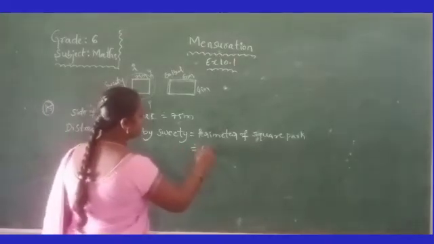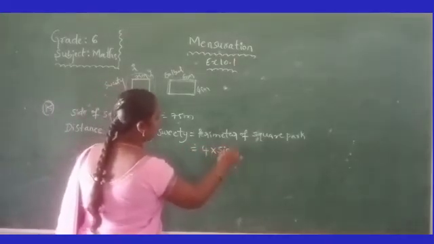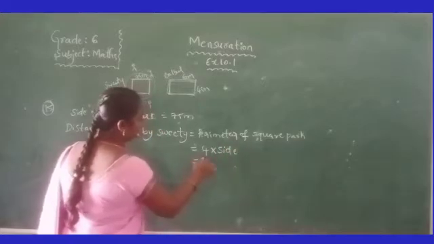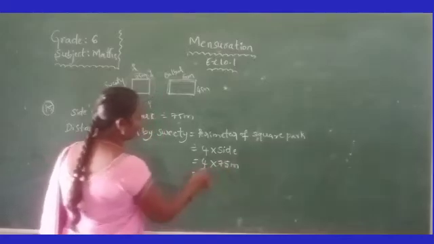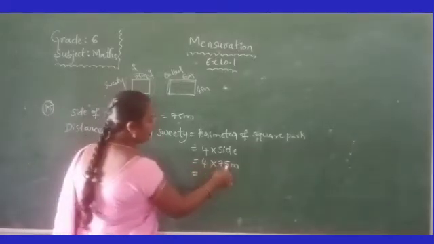The perimeter of a square is 4 into side. One side is 75 meters. Now 4 sides means 4 into 75.